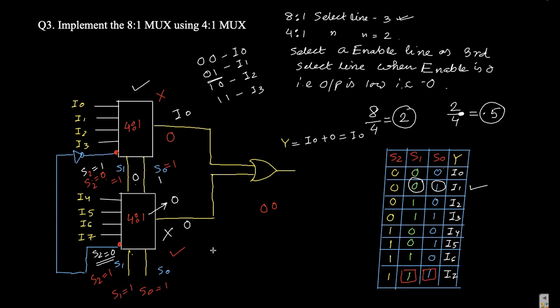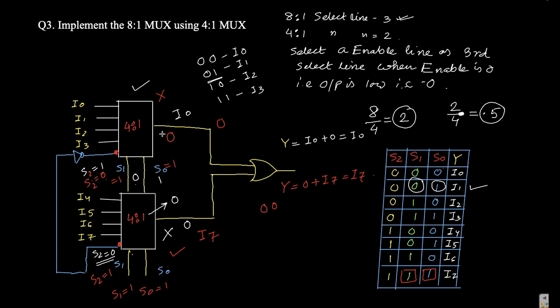For 1 and 1, the output is I7, and for the other multiplexer the output is 0. As S2 is 0, that multiplexer is in low state, which means the output is 0. So Y becomes 0 plus I7, which is equal to I7. This is your desired output, depending upon the select line S2.